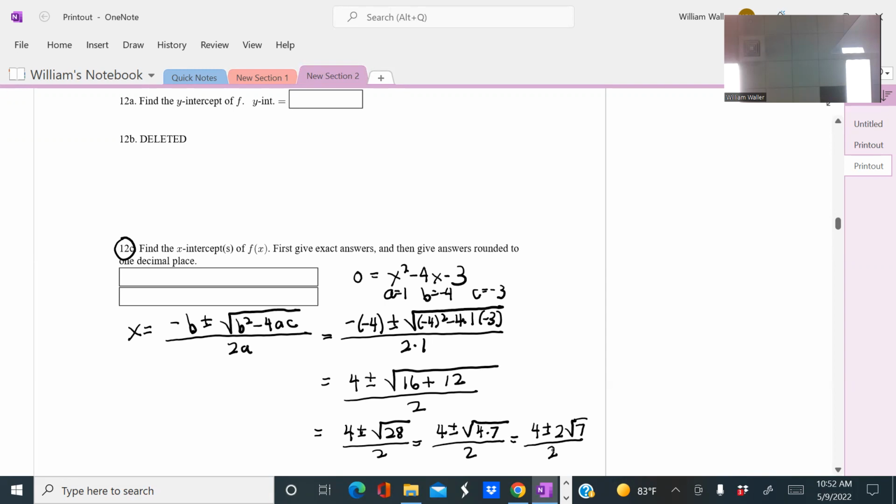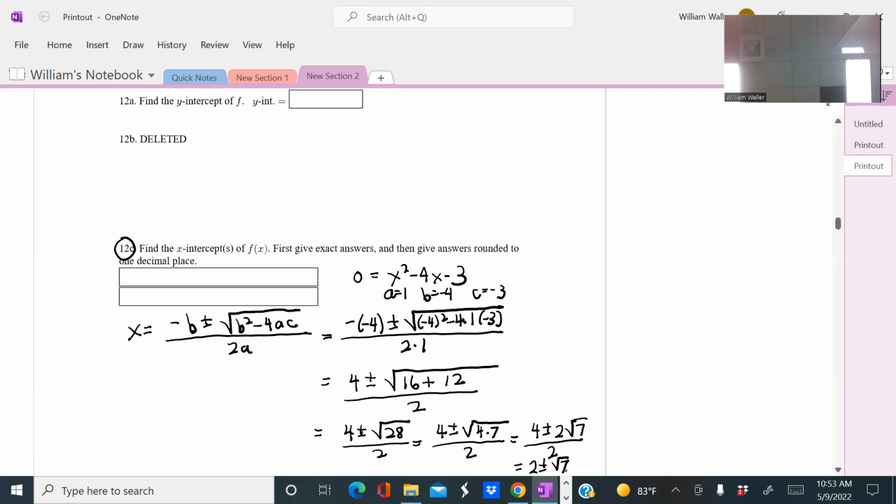And we get lucky here because 2 will divide into both of these terms in the numerator, right? 2 goes into 4 and 2 goes into 2. So we can break this down even further as 2 plus or minus the square root of 7. 2 goes into 4 twice. Here, these 2's will divide out. So there you have it. There are your two x-intercepts. One of them is 2 plus the square root of 7, and the other one's 2 minus the square root of 7.